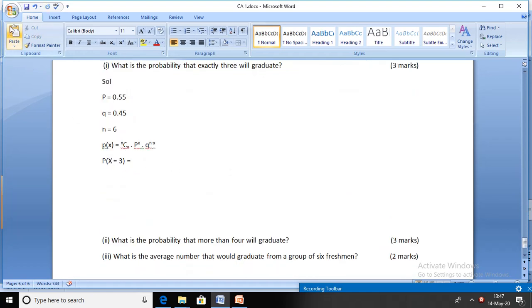Since we are looking at the probability of 3, where there is x, we've put 3. But the sample size is different. Sample size is 6. That's as per question.